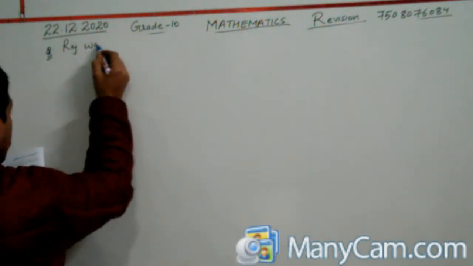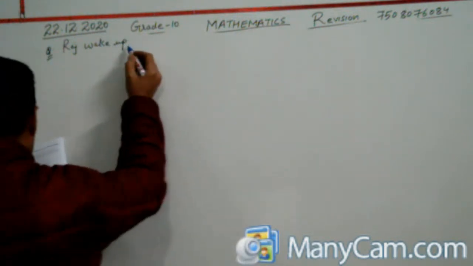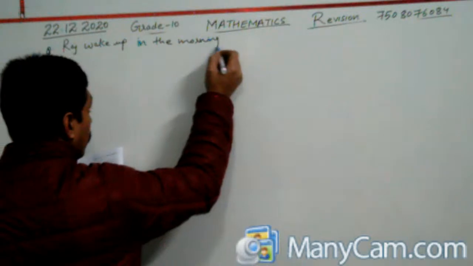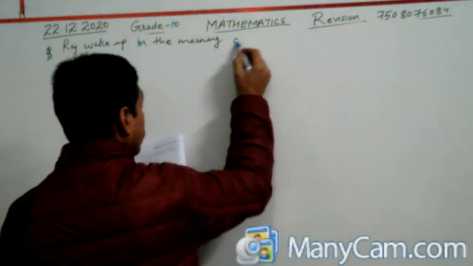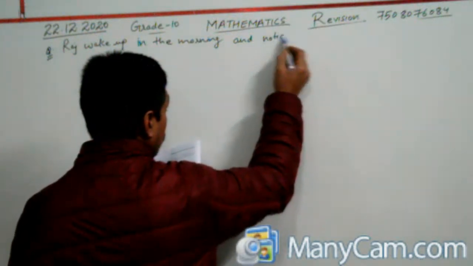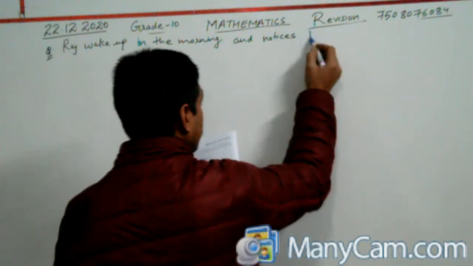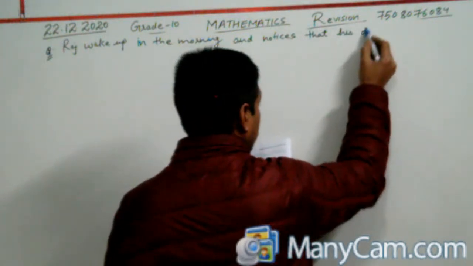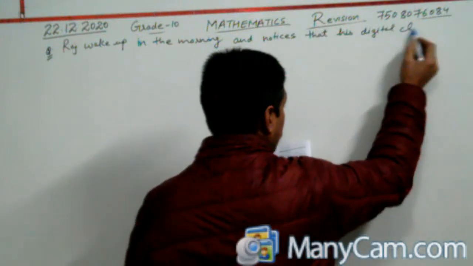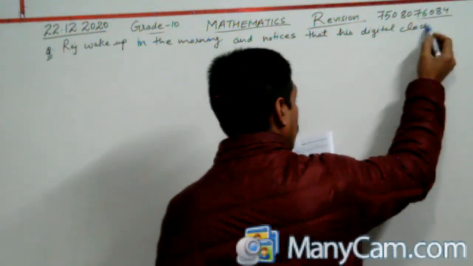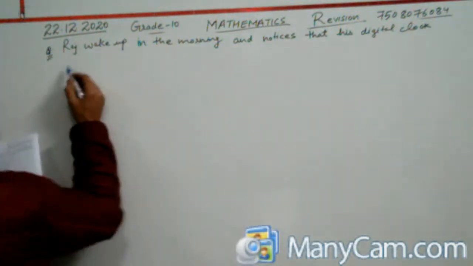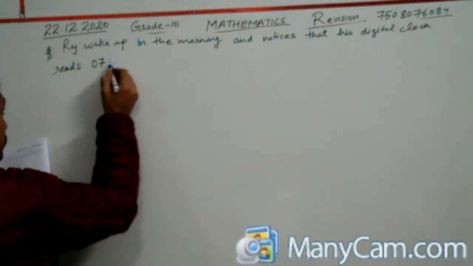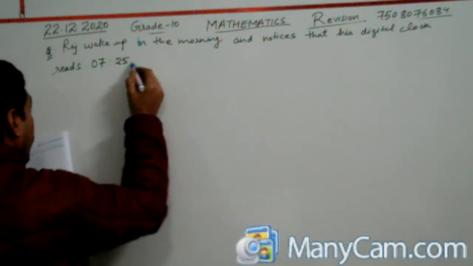Raj wakes up in the morning and notices that his digital clock reads 725.